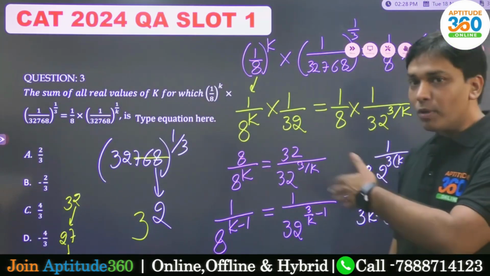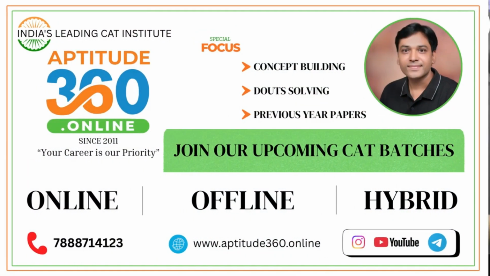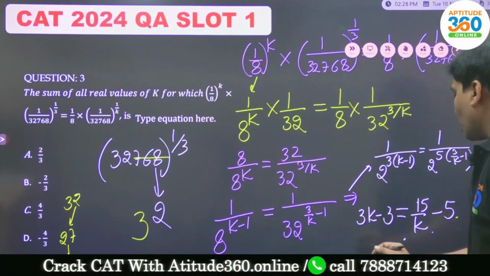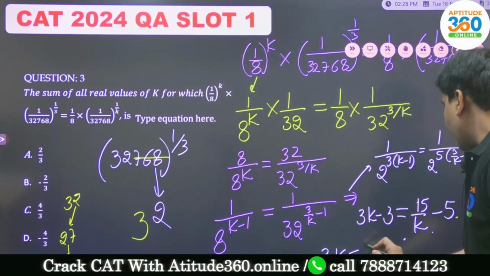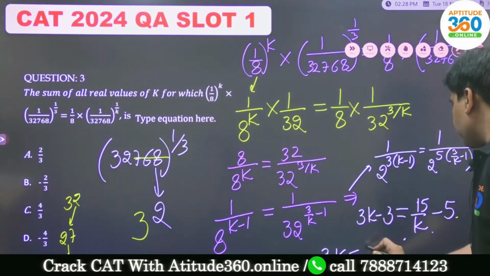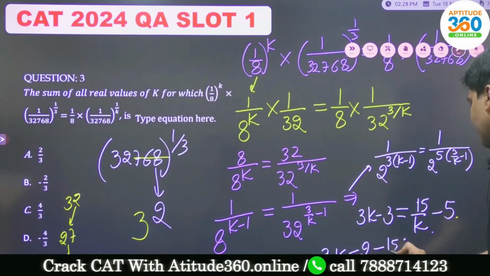If you simplify this, you will be able to find out the value of k. Now, what should we be doing? We should take everything to one side of equality. So that is 3k minus 3 plus 5, that is 2, minus 15 upon k, and that is equal to 0.